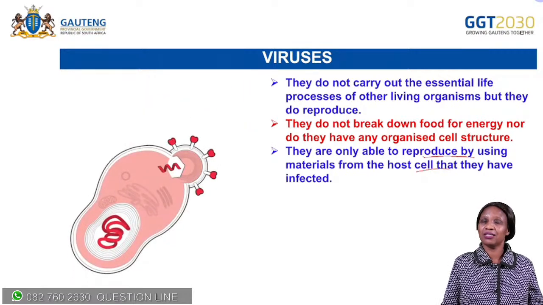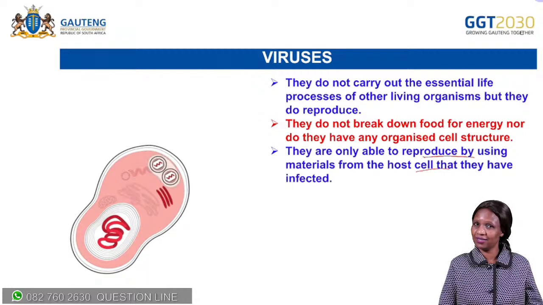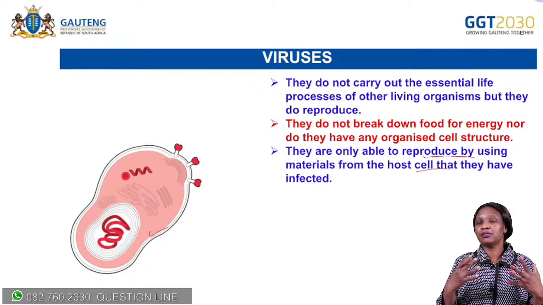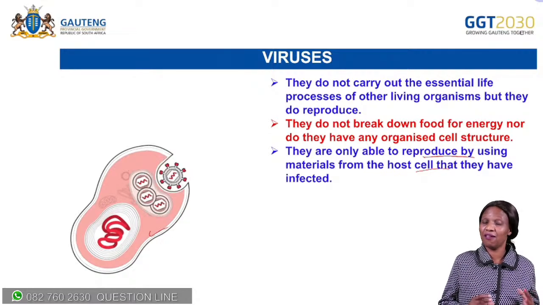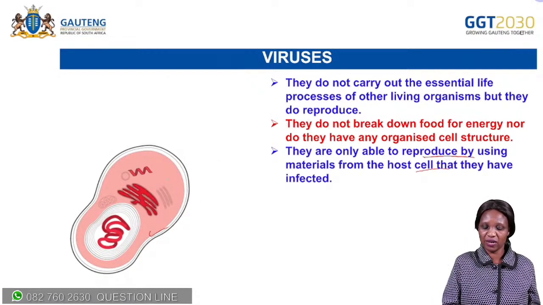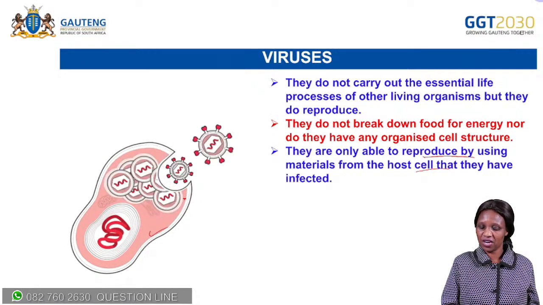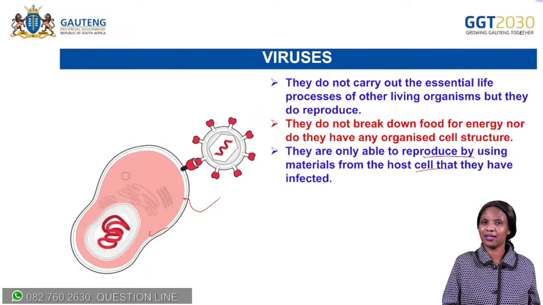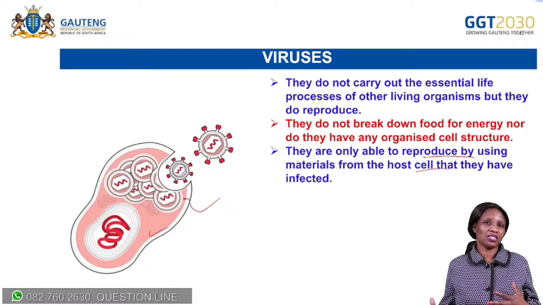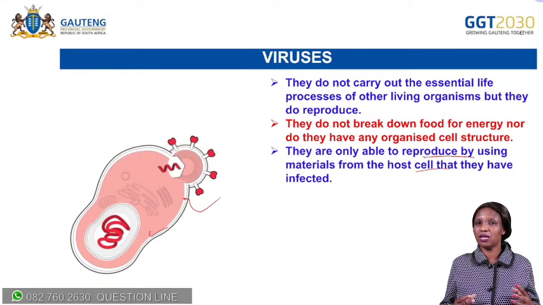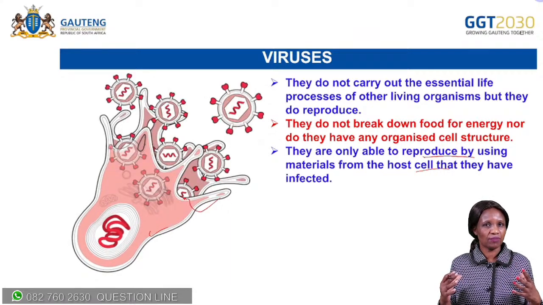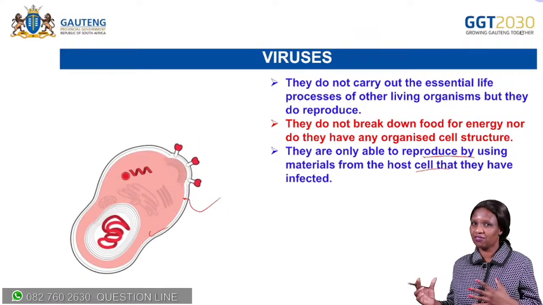Let's look at the structure of the virus. Do you see the structure of the virus? It attacks a host cell, a very healthy cell, and then it multiplies. Do you see how it multiplies? It multiplies very fast. It's scary, because when a person has got a virus, for example, HIV, you will see them losing weight, getting very sick if they don't go to a health center.